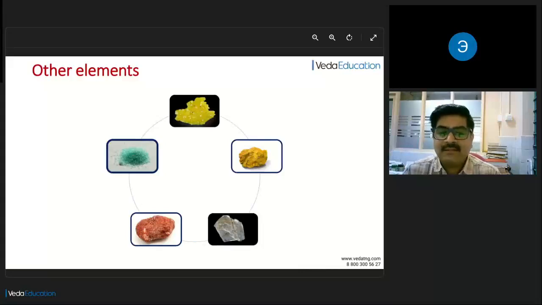The third one is again a kind of metal, a variety of mica. These two are some kind of iron compounds, the red one as well as the green one. These are the common materials that we use in the preparation of these herbomineral drugs.